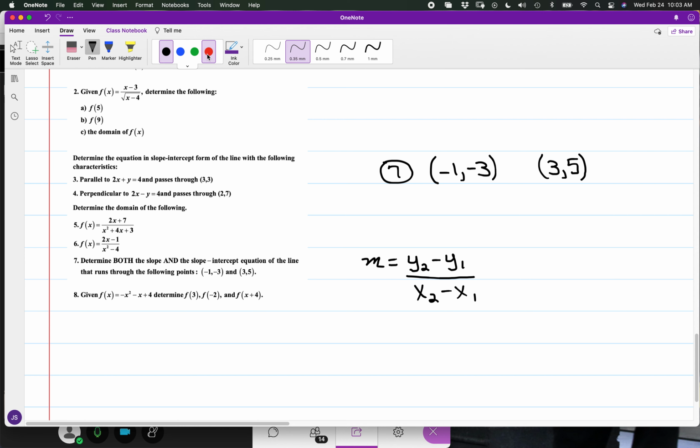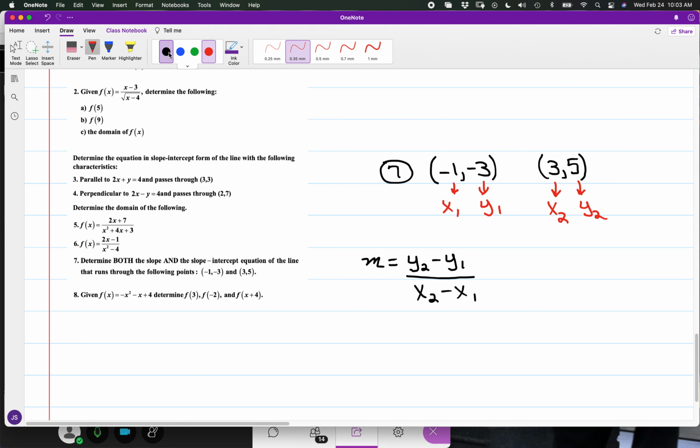For (-1, -3), keep in mind that all ordered pairs are of the form (x, y), and since we have this ordered pair given first, x1 and y1 will be respectively -1 and -3. And with (3, 5) given subsequently, 3 will represent x2 and 5 will represent the second y value.